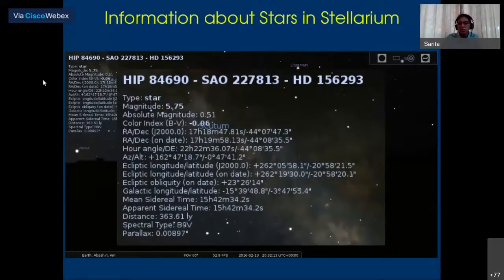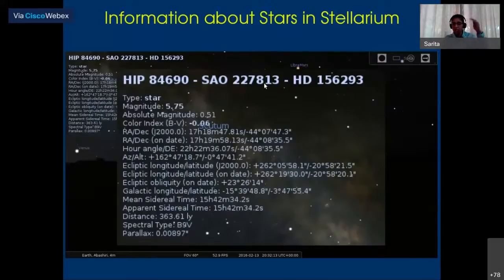So first is, what is this type of object? For example, this was the star that I clicked, and now I hope you understand these meanings. HIP 84690 means this star is in the Hipparchus catalog, and this is entry 84,690 in that catalog. This is also listed in the SAO catalog, which is the Smithsonian Astrophysical Observatory, and this is the entry number, that means serial number, in that catalog.